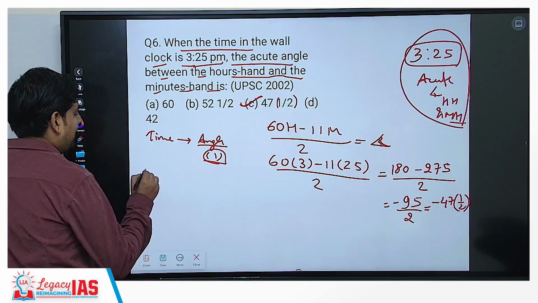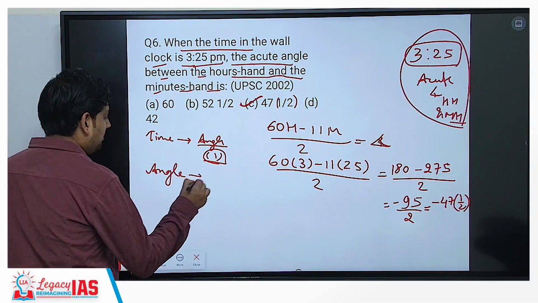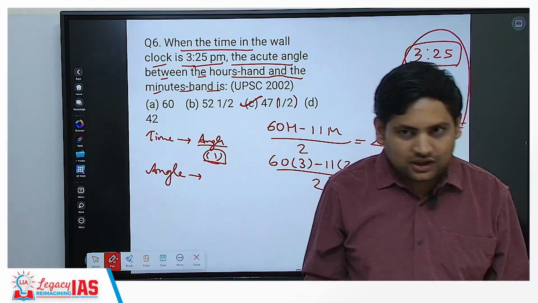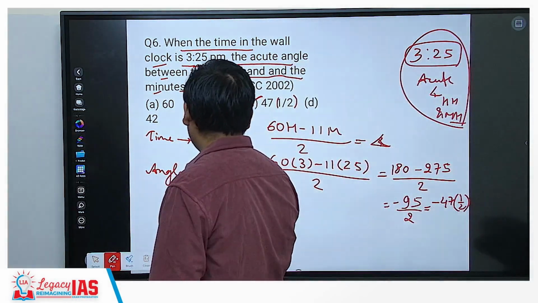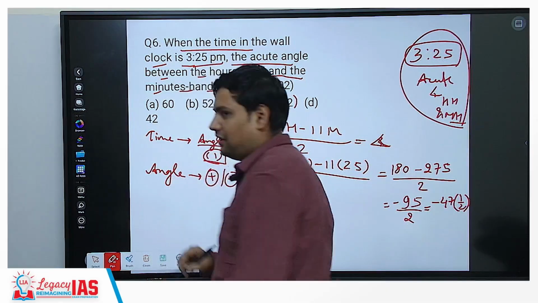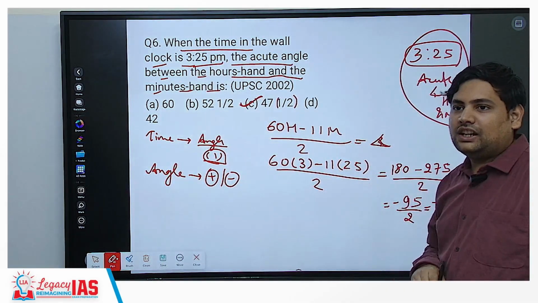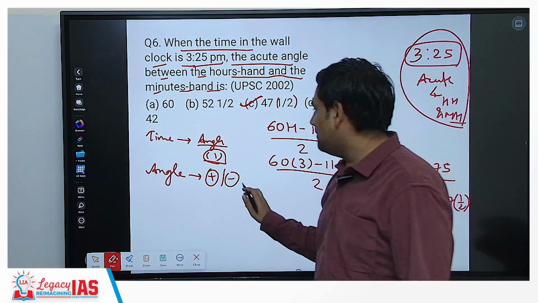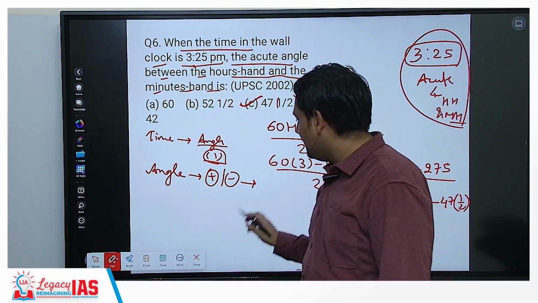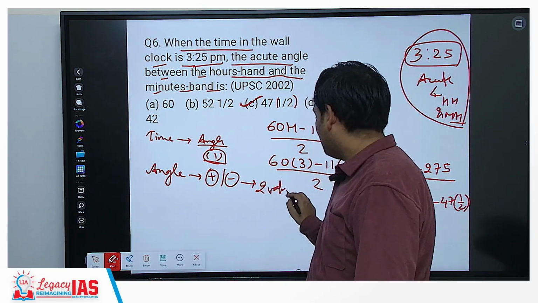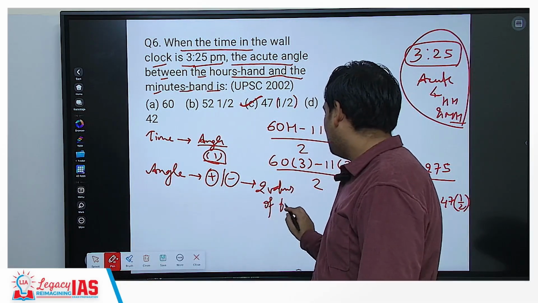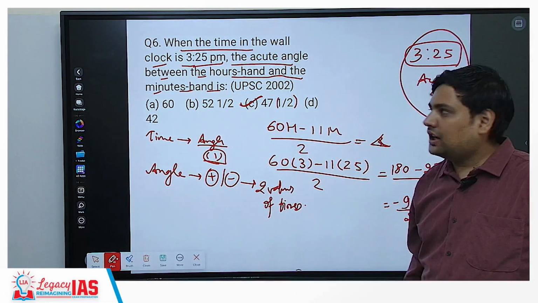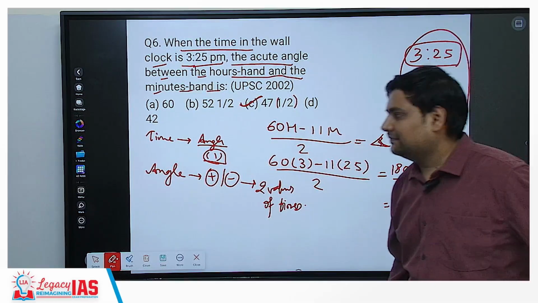But when the angle is given to you, then you can take it both as a positive and as a negative, and then you will get two values of times. Understood? Okay.